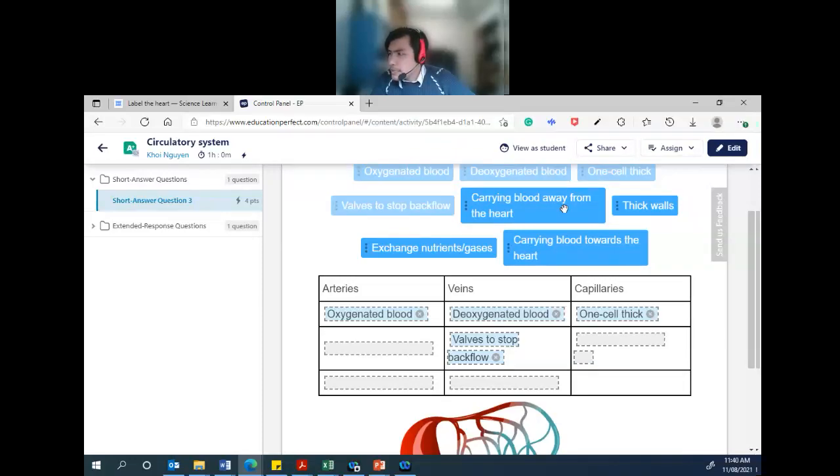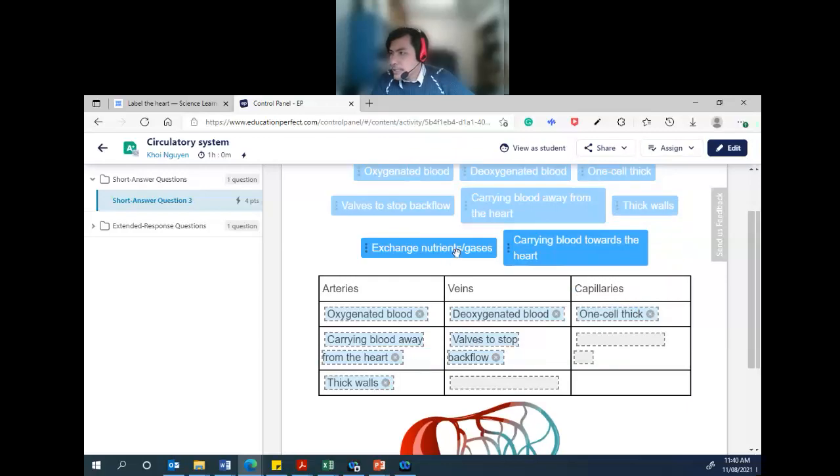Next one, carrying blood away from the heart. Arteries, arteries. Now I think we know that this one is correct because yesterday we talked about how to memorize this. So arteries start with an A, so away. Arteries away. Okay, next one we've got thick walls. Arteries again, people say.